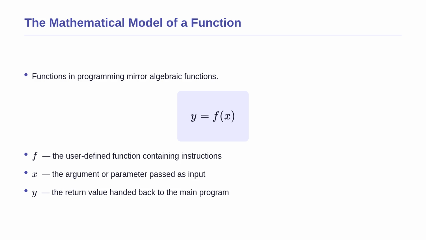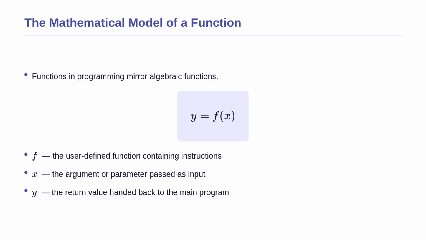This structure we just discussed closely mirrors something you already know from algebra. Conceptually, a programming function operates just like the mathematical model y equals f of x. In this model, f represents the user-defined function itself, containing the specific instructions or calculations to be performed. The variable x represents the argument or parameter.